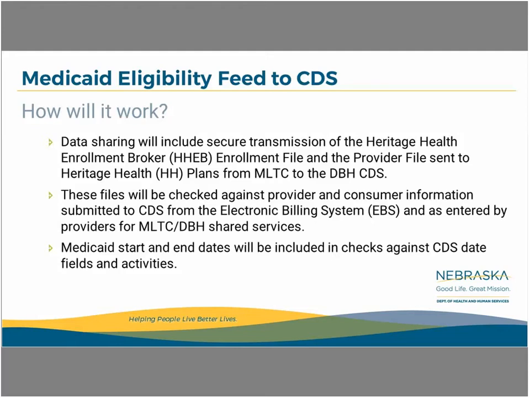So there are two different data files that will be used in combination in order for the Medicaid eligibility feed to work. The files will be checked against provider information that's submitted to the centralized data system.